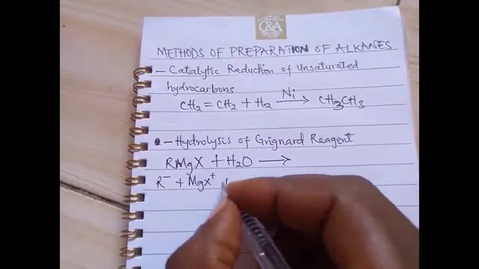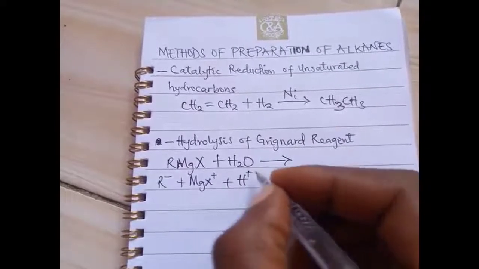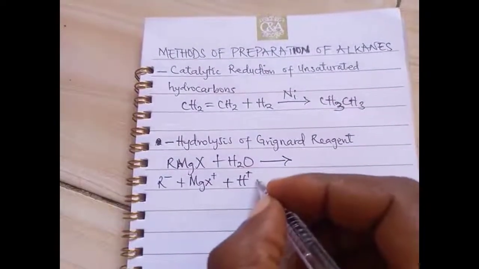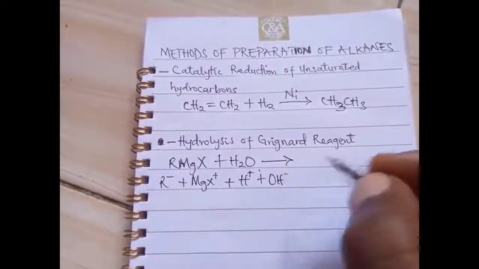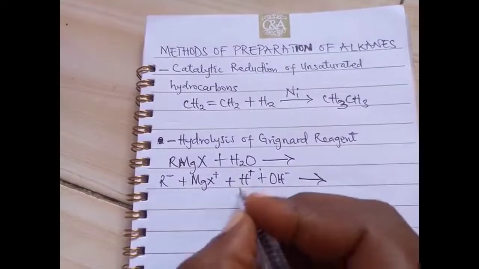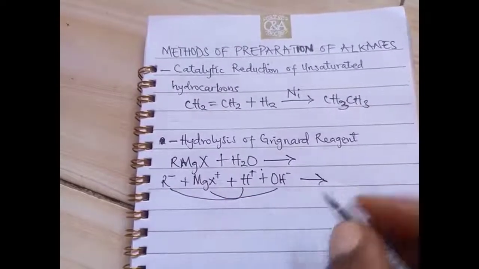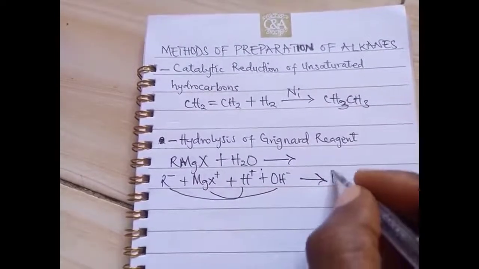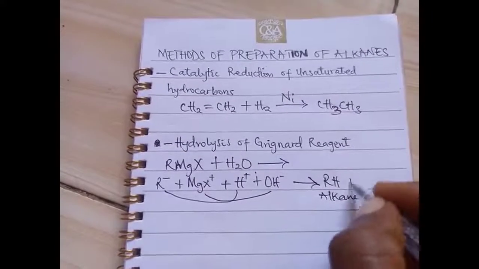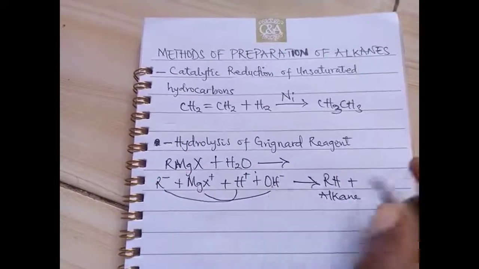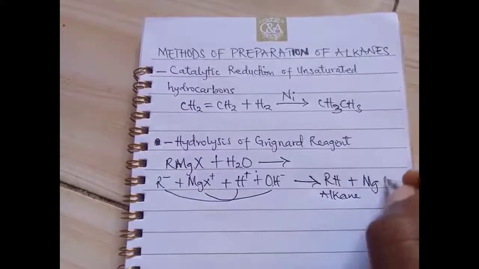Then water will give us hydrogen ion and hydroxide ion. Now, if they add, positive goes to negative. So this and this gives us ROH, which is an alkane.